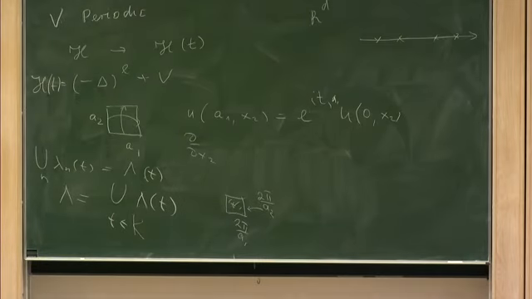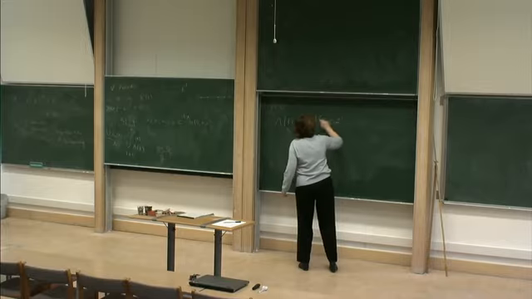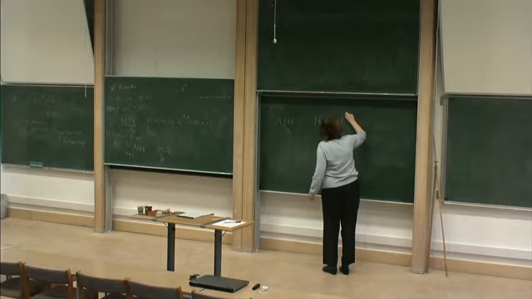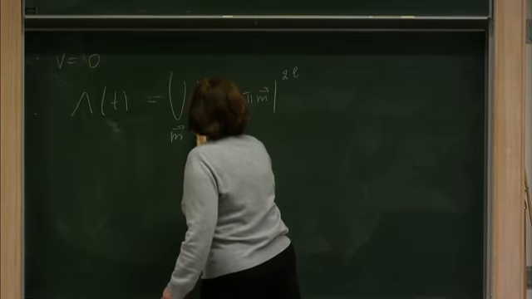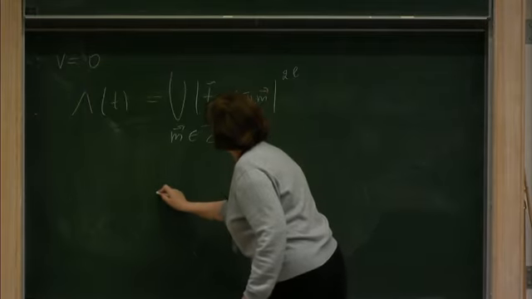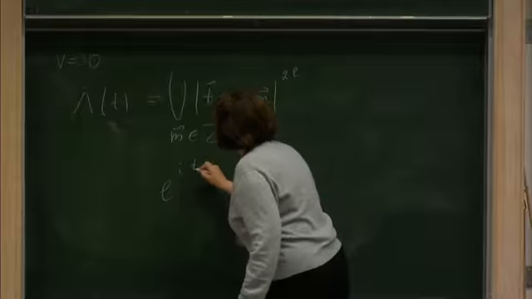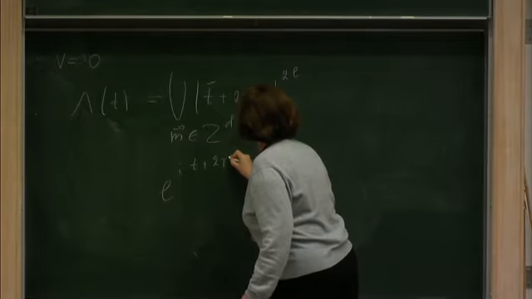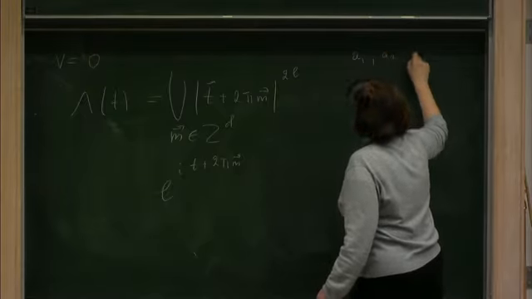So the spectrum will be the collection of points |t + 2 pi m| to the power 2l, and we have to take the union over all m in Z^d. The corresponding eigenfunctions are plane waves, where the momentum is exactly this vector. Here I think that a1, a2 are just 1.